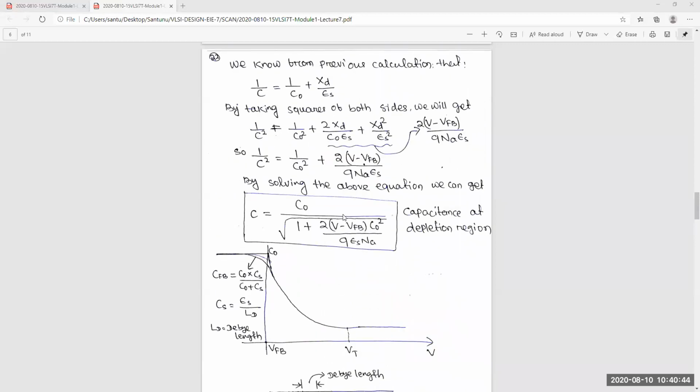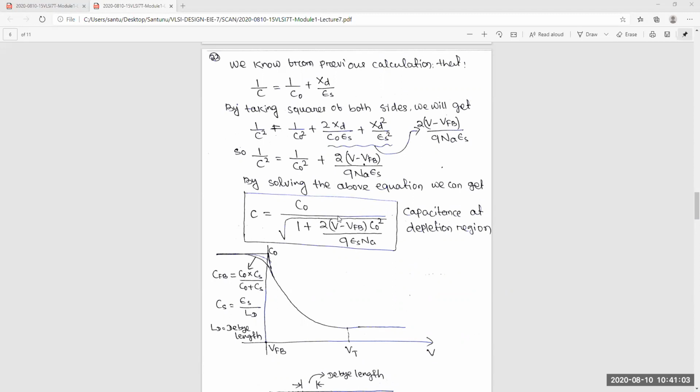So we have discussed the real capacitor, and the CV characteristics curve of a P-type semiconductor or an N-type semiconductor, meaning N-type substrate or P-type substrate.